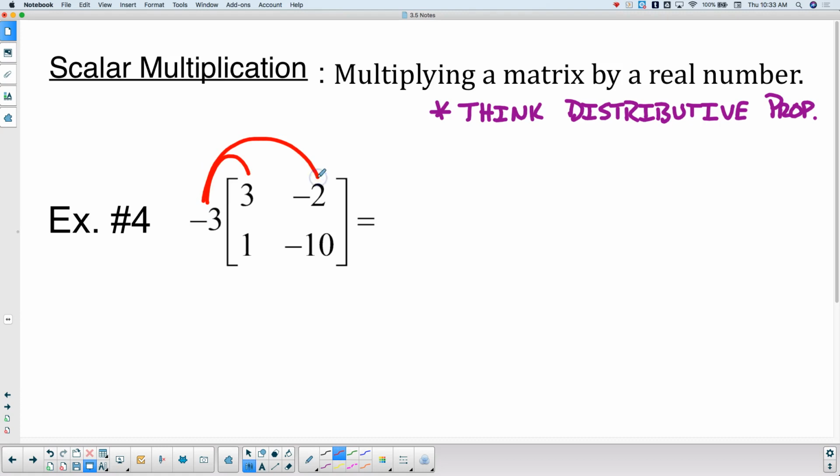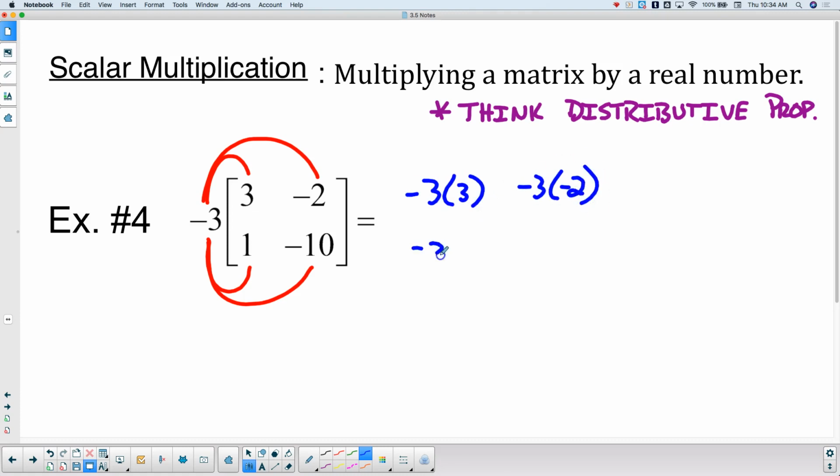I'm going to distribute the negative 3 into all of the elements inside that particular matrix. So this would become negative 3 times 3, negative 3 times negative 2, negative 3 times 1, and negative 3 times negative 10.